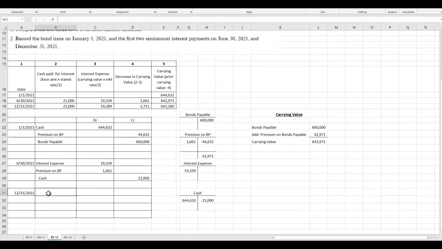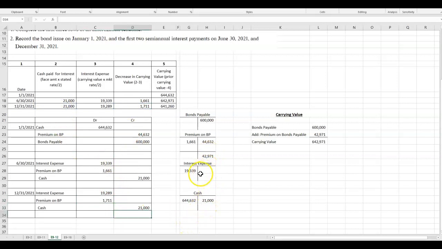The December 31st payment: interest expense, premium on bonds payable, and cash. So our interest expense, the 19,289, the premium 1,711, and the cash 21,000.